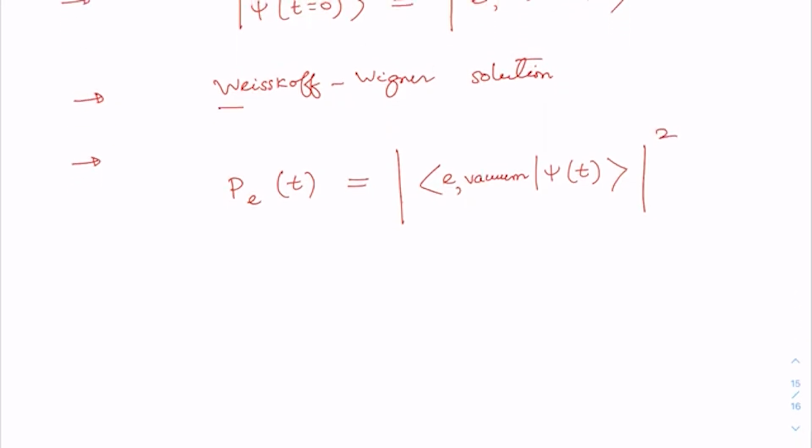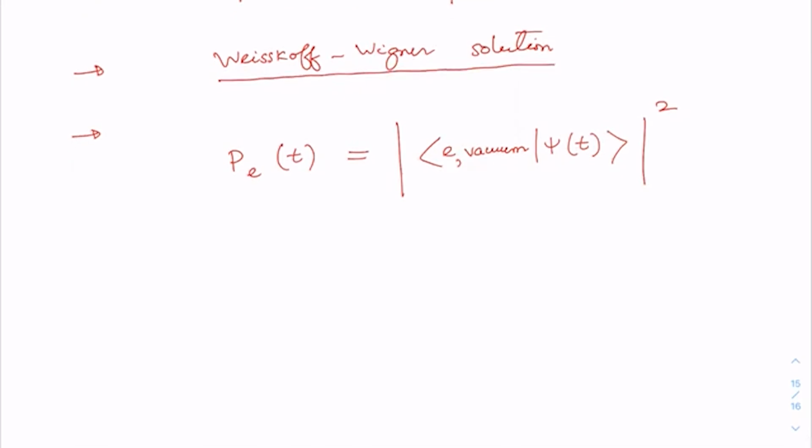This Weisskopf-Wigner, they have solved this problem rigorously, and their solution can be represented by a typical plot in this way. Suppose in the y-axis I have this probability of getting the atom in the excited state and the field in the vacuum, and then this is time.